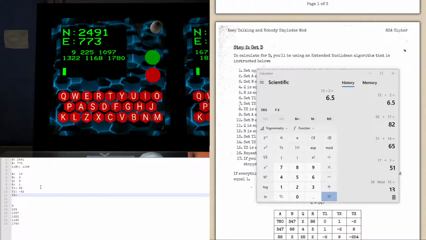Then this becomes 65 minus negative 82 times the quotient, which is 6. So we need to do 82 times 6 in this case. It's 492 plus 65. This is going to leave us with a result of 557.